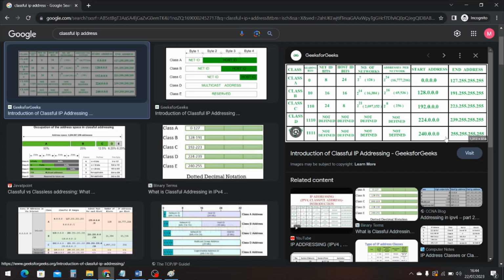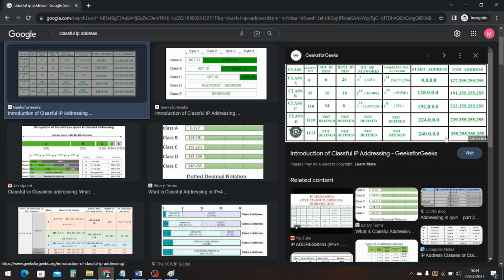So that's classful IP addressing. Let's take an example: 128.100.100.100. It's supposed to be a class B in the classful environment.